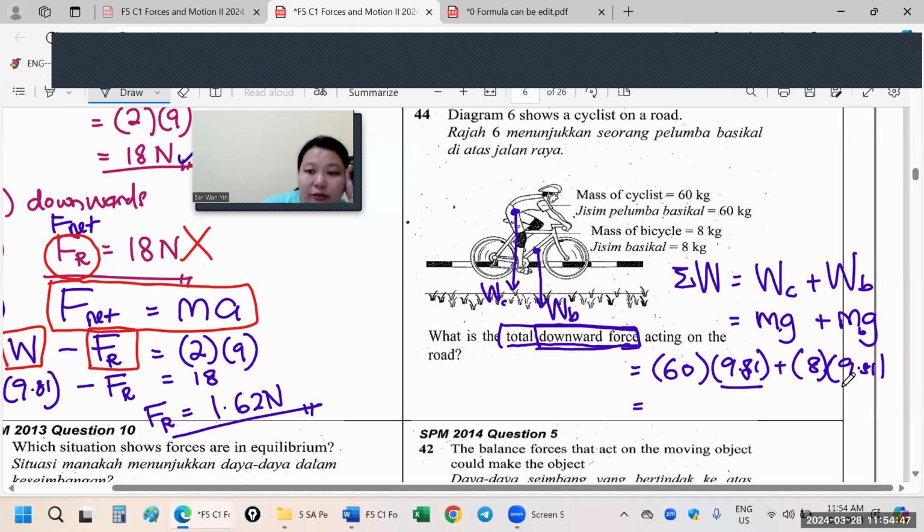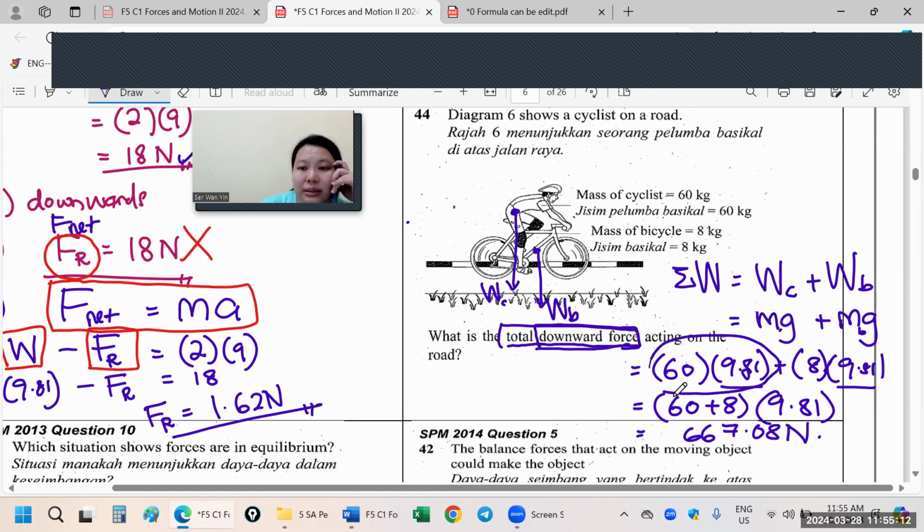When you factorize it out, 60 plus 8, so 68 times 9.81, 667.08 Newton. Of course, you don't have to factorize, it doesn't matter.